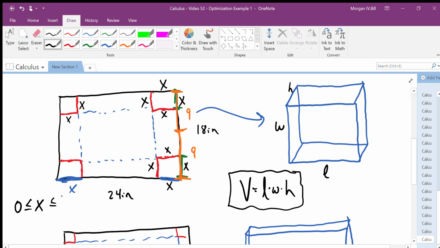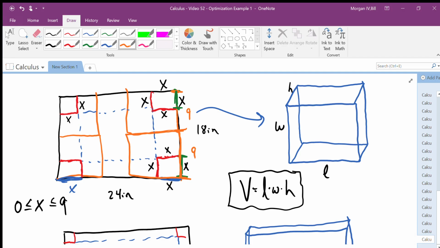The least that it can be is 0. But let's say x is 9. What happens to the volume? What happens to our box? If we cut out an x of 9, I'll probably erase this in a second, we get a box, we cut out a square that looks like this, and this, and this, and this, and all we have left is just the center thing with nothing to fold up, right?